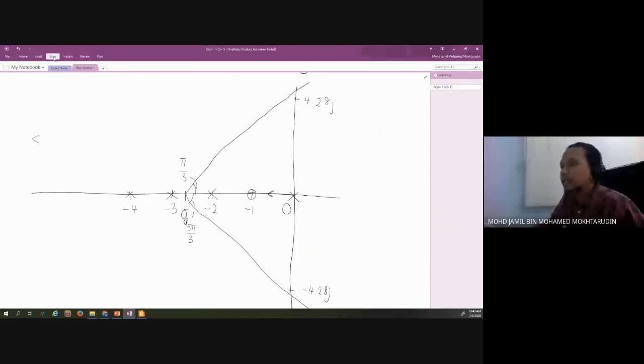Boleh tukar color tak? Okay, so the root locus must start from here and go to the nearest pole.